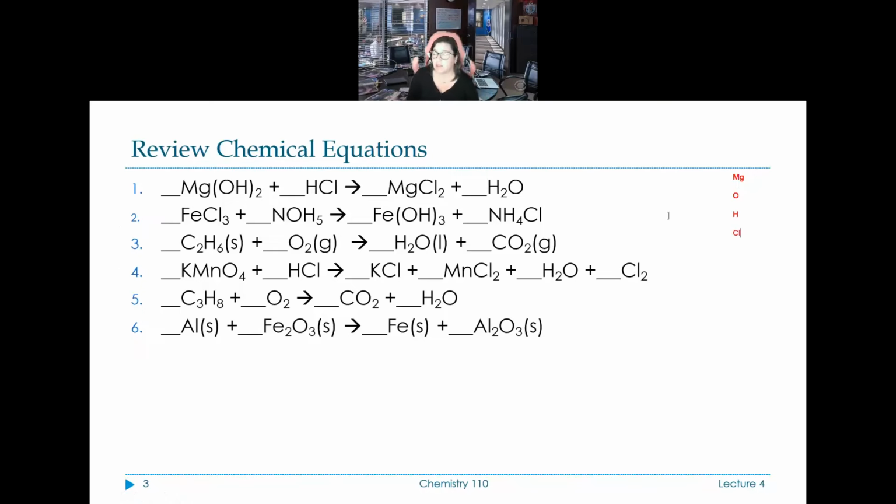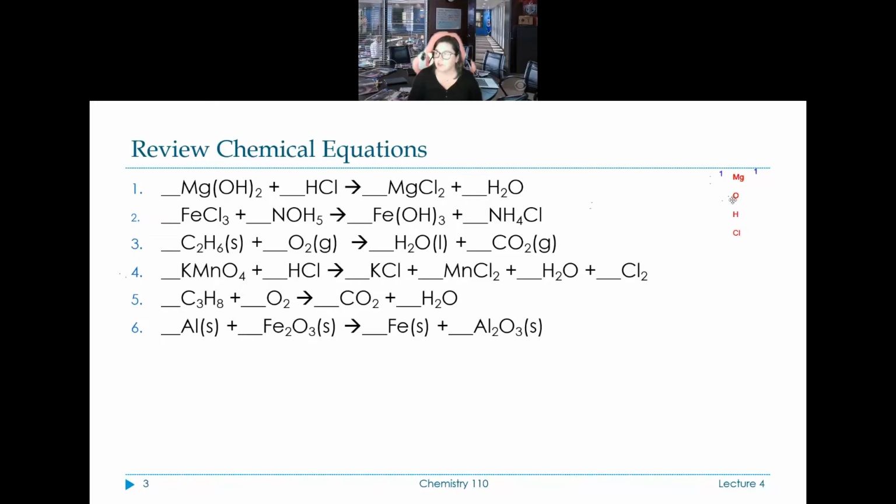Now, the first thing that I do is, whatever this looks like as it's written, I want to know how many of these things I've got. So let's change colors and come over here. I have 1 Mg. How many oxygens do I have?